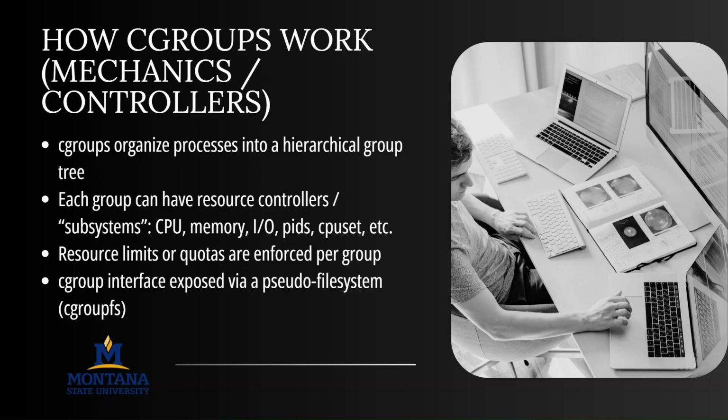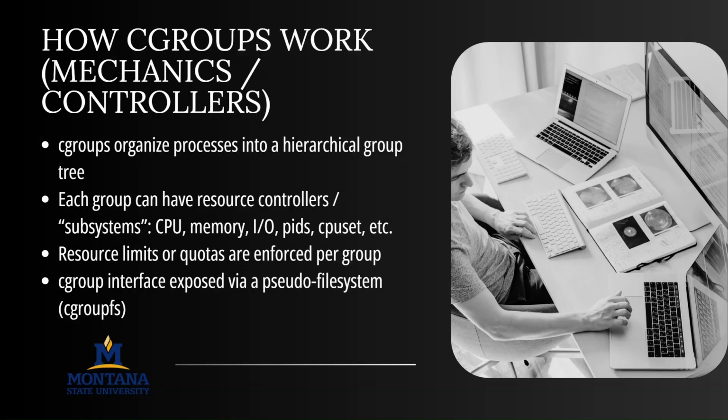For example, a CPU controller can limit how much CPU time a group gets. A memory controller can cap how much RAM it uses. The Linux kernel exposes cgroups via a pseudo file system, typically mounted at sysfs cgroup, which allows administrators or container runtimes to configure cgroups by creating directories and writing limit values to special files.